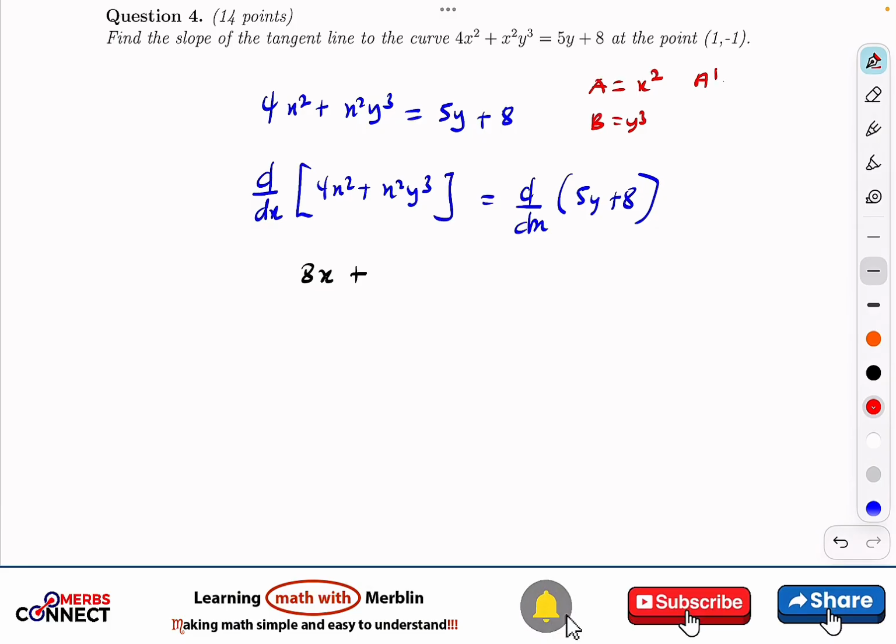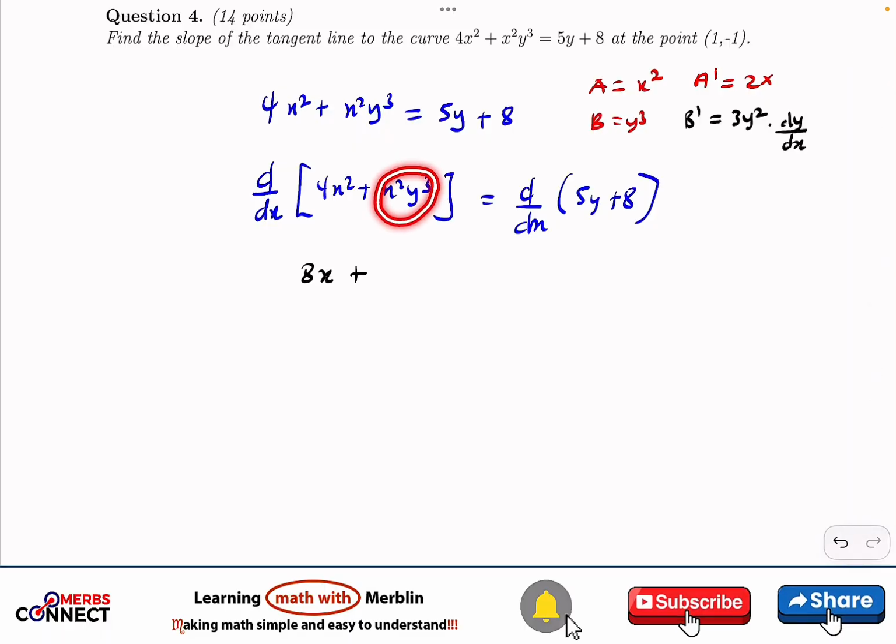Now what is a prime? A prime is 2x because we are differentiating with respect to x. Then b prime, using the power rule, is 3y squared times the chain rule, because we are differentiating with respect to x. So this one should be with dy over dx.